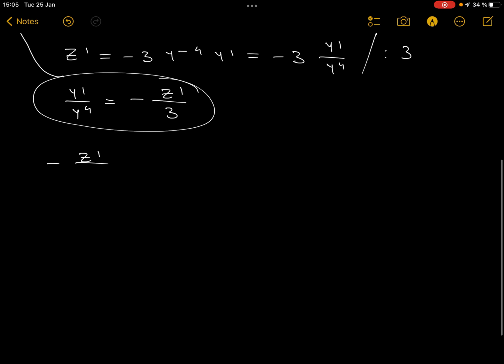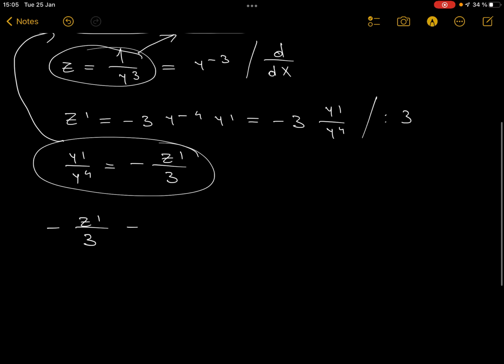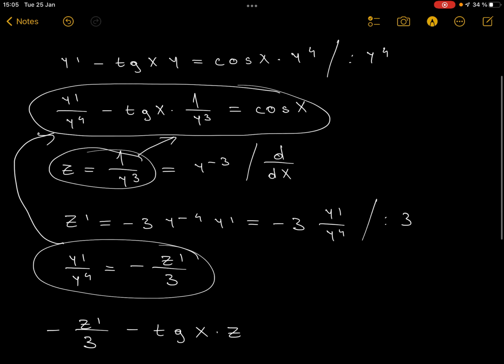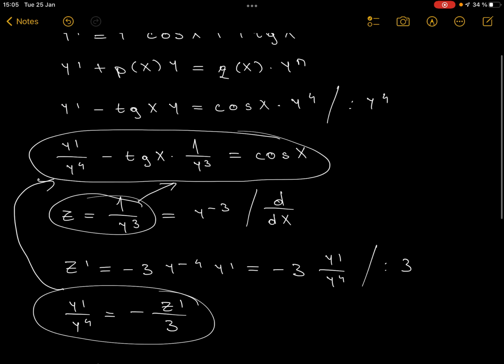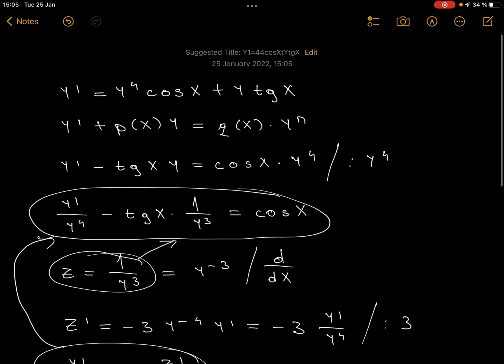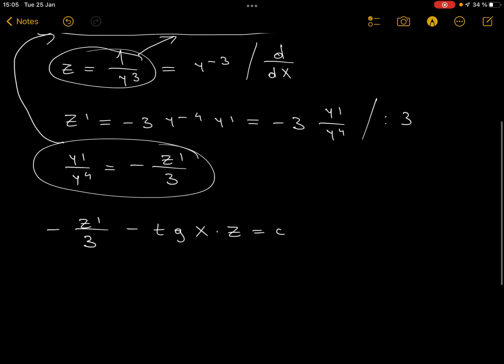So we'll get that negative z prime over 3 minus tangent x times z is equal to cosine x.